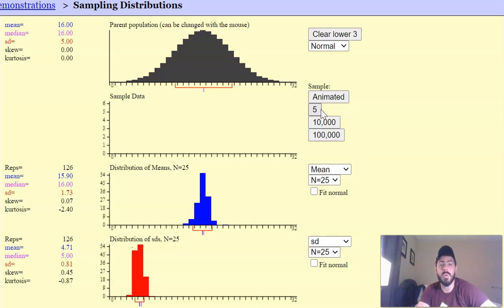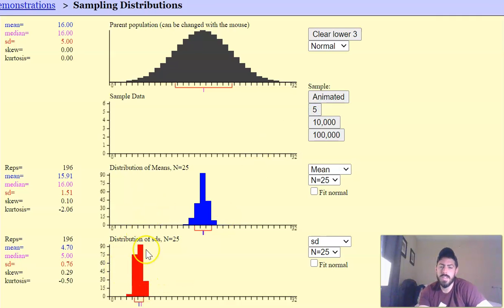It's a lot more normal looking, a lot sooner than the parent population. It's also a lot more precise. We have a mean that is very close to our parameter with not very many repetitions. I'm just going by fives and we're getting very close straight away.